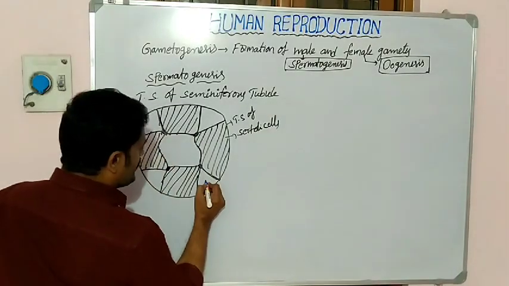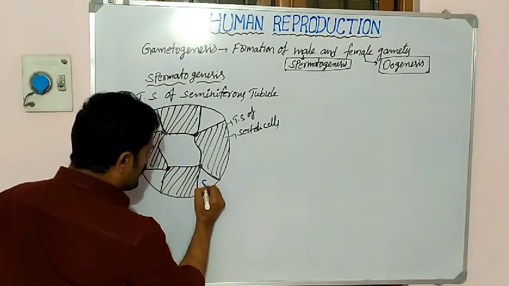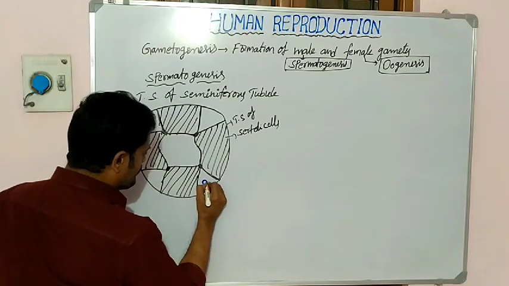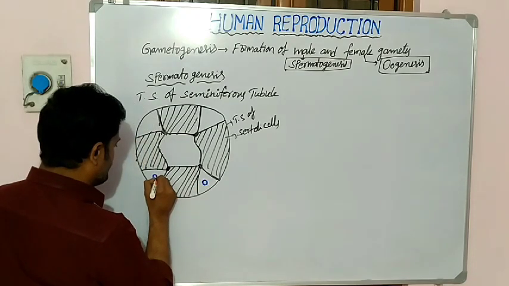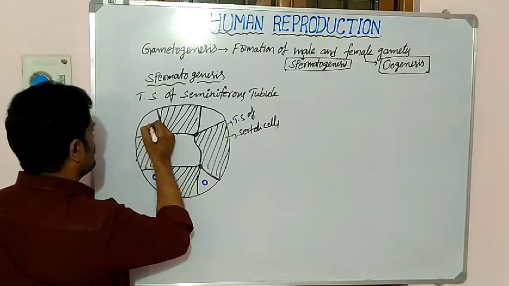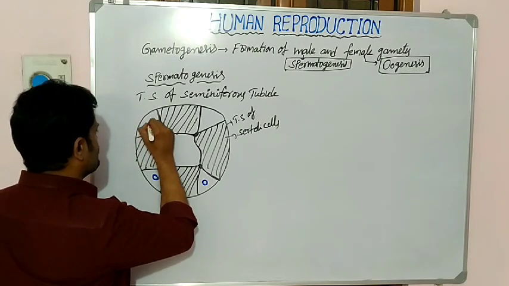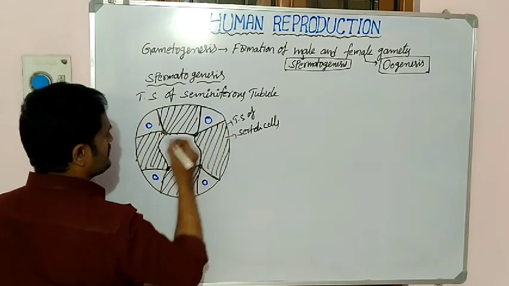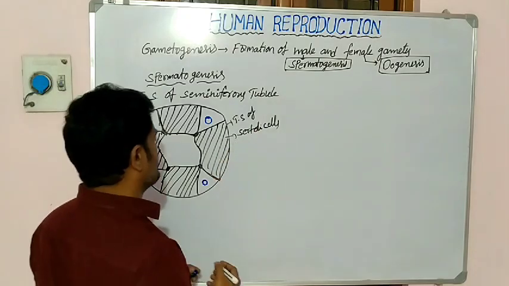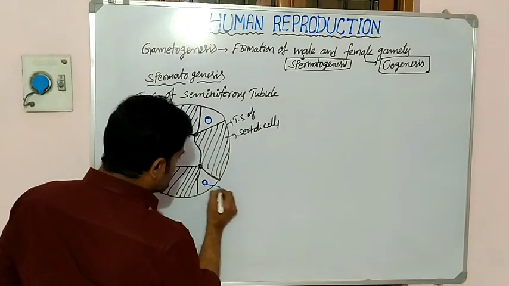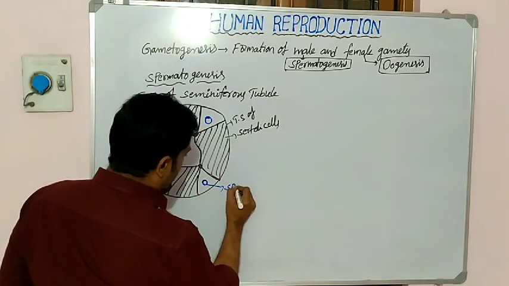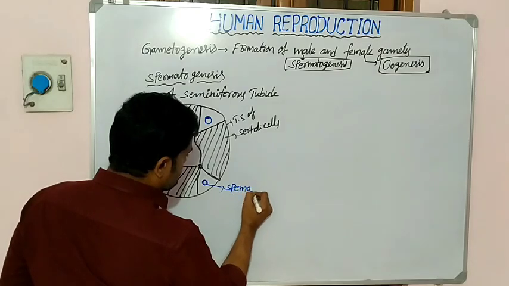This gap consists of one important arrangement, like this. In between the Sertoli cells, some specially arranged cells are present. See, this is the Sertoli cell and this is called spermatogonium.